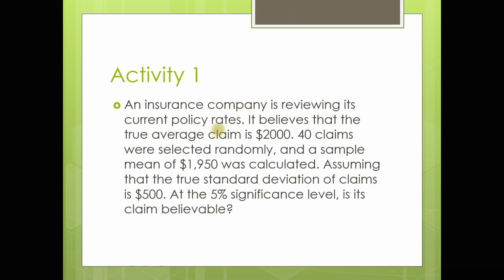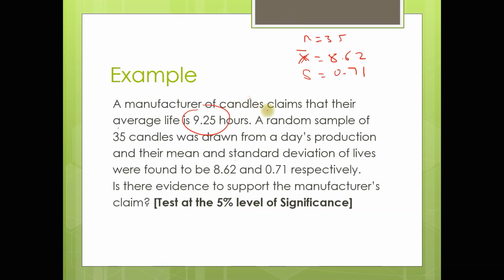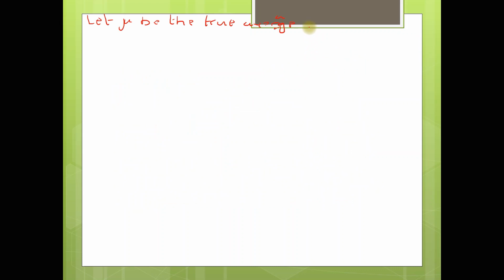So in other words, you will say let mu, because 9.25 is an average, be the true average lifetime of a candle. Okay, that's the first step.